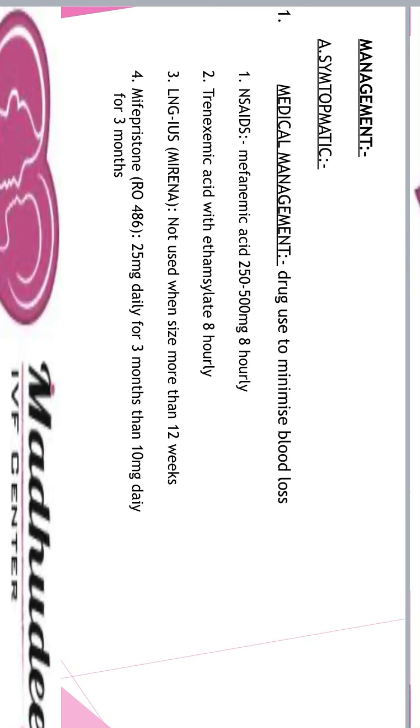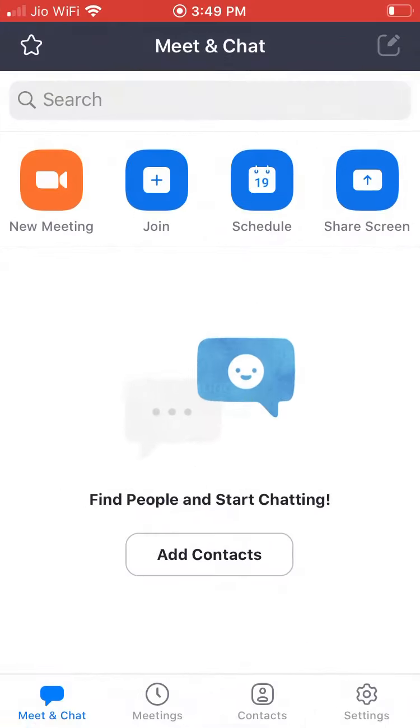This is the newer modality of treatment, but I have tried it in 5 to 6 patients, and frankly speaking, I was not satisfied with the result. Suppose it is a 4 centimeter fibroid, it became 3 centimeter, not much more difference than that. It's a newer treatment.